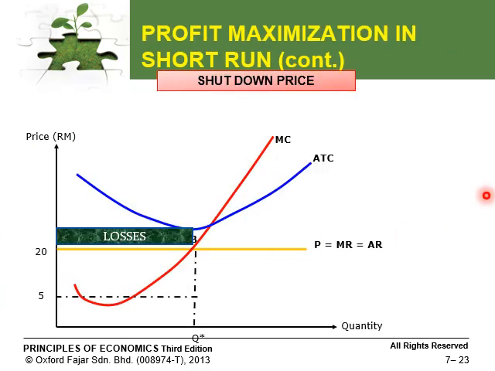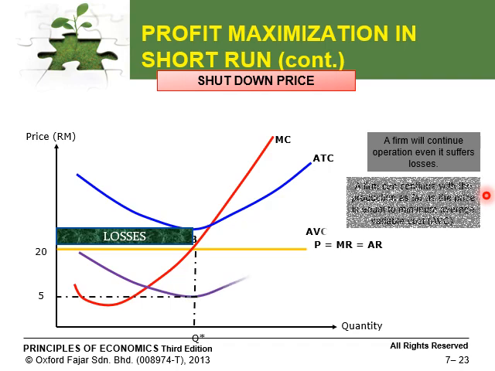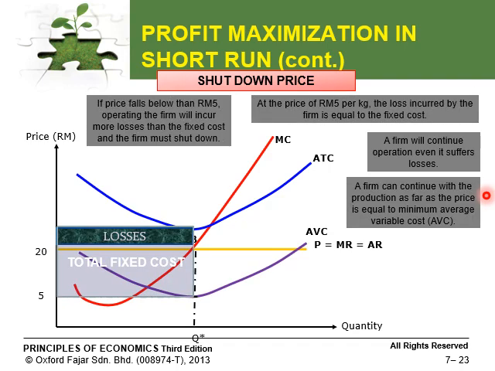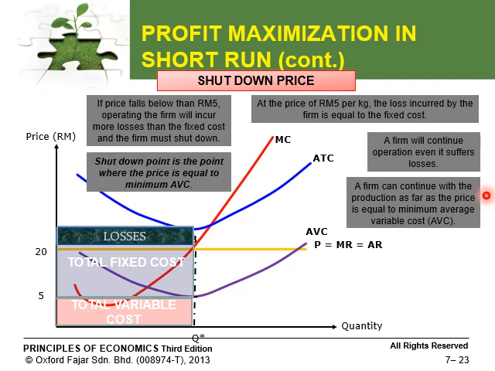As you can see here, this is where you decide whether to shut down your operation or not when your firm is having losses or cannot make any profit. To decide whether to shut down or not, it depends on your price position.